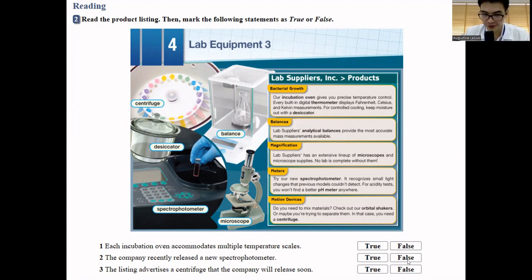True or false? And lastly, the listing advertises a centrifuge that the company will release soon. True or false? All right. So I want you guys to pause this video, reread the passage, and tell whether each of these statements are true or false. And when you're done, resume the video and we'll go through the answers together.